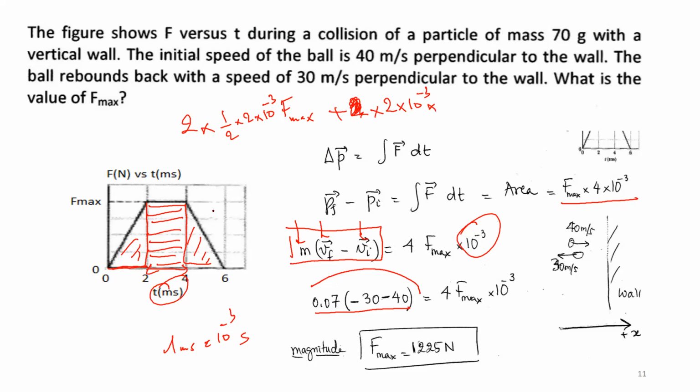Multiply by the width, which is F max. So when you do it, you have 4 times 10 to the power minus 3 F max. And this is equal to this, and this is the magnitude of the force, the magnitude of F max, basically the maximum force.